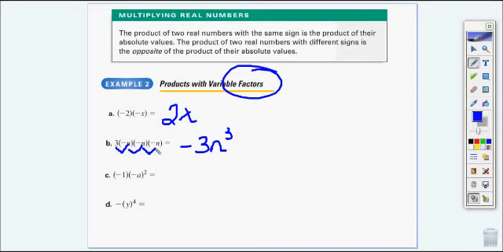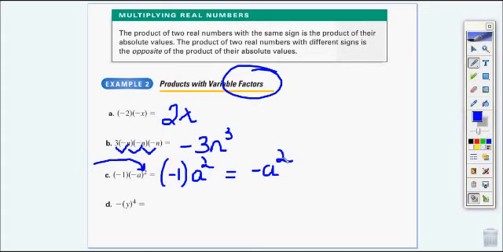This one, be careful. Do your exponents before you do your multiplication. Negative a squared, that'd be an even number, so that would be an a squared. And then I have that times a -1. Now I have a negative and a positive, so that's going to give me a negative a squared.